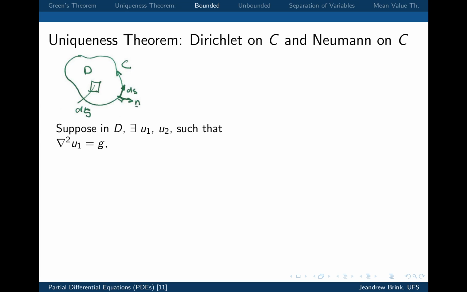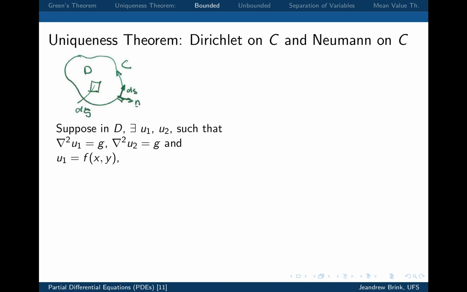What we're going to do is, okay, u1 obeys Laplace's equation, and it's going to be more than just Laplace's equation. It's going to be Laplace's equation equal to a source. So we've generalized it a little bit, and the reason for that is we can actually prove uniqueness for that more general case as well. So we're going to say the Laplacian of u1 is equal to g, which is a function of the variables on the domain D, and the Laplacian of u2 is also equal to g, so they obey the same equation.